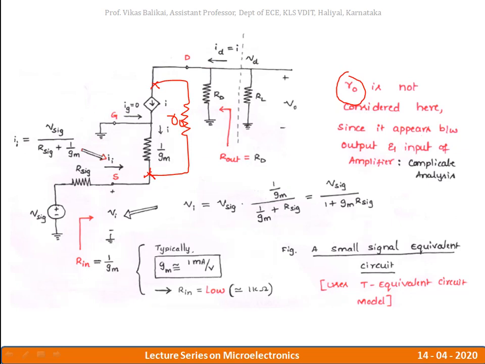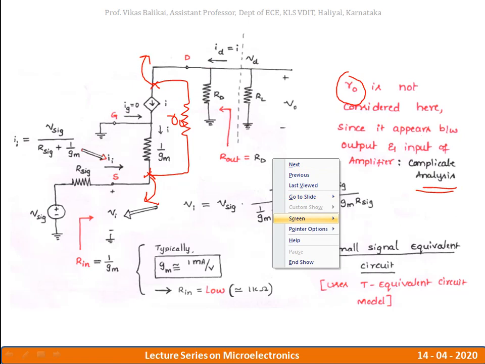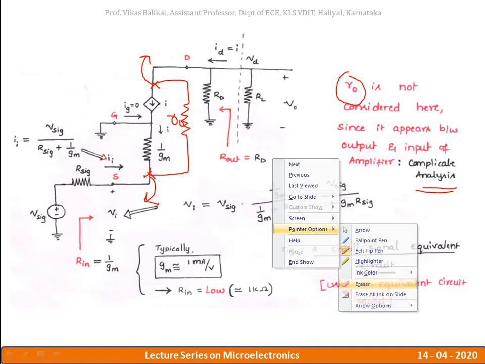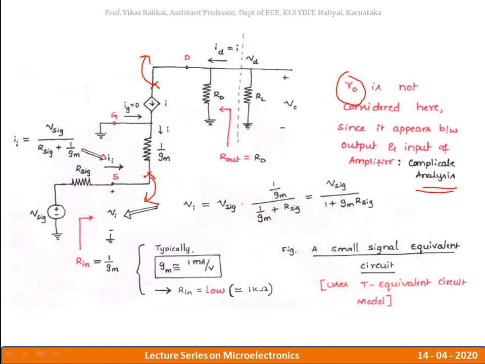This R0 will connect the output terminal, which is my drain terminal, and the input terminal, which is my source terminal, thereby making my amplifier a bilateral amplifier configuration, which in turn will complicate the analysis. So to keep it very simple, I am going to make sure that this R0 is not considered whenever I do the derivation.